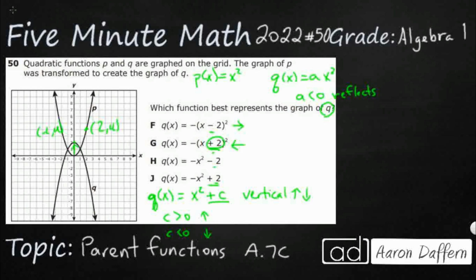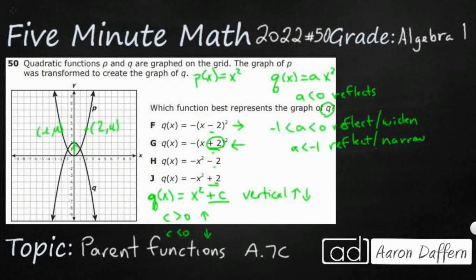So it reflects it upside down. If a is less than 0 but greater than negative 1, it's going to reflect and widen. If a is less than negative 1, it's going to reflect and narrow.